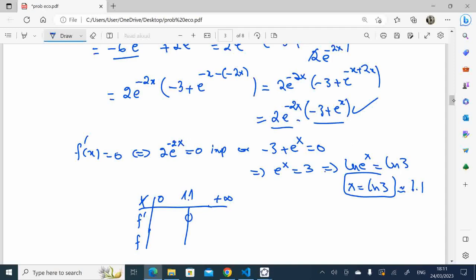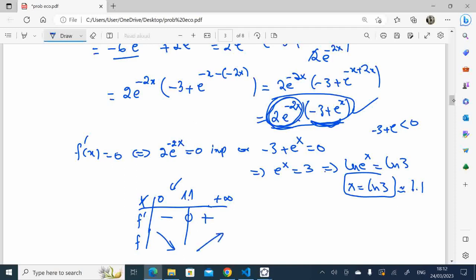Now if I try a value a little smaller, like 1, in f prime, obviously the first term is always positive, so I need to substitute in the second term. We get minus 3 plus e, which is obviously negative, since e is 2.7, so minus 3 plus 2.7 is negative. So here we have minus and here we have plus. So the function decreases and then increases.